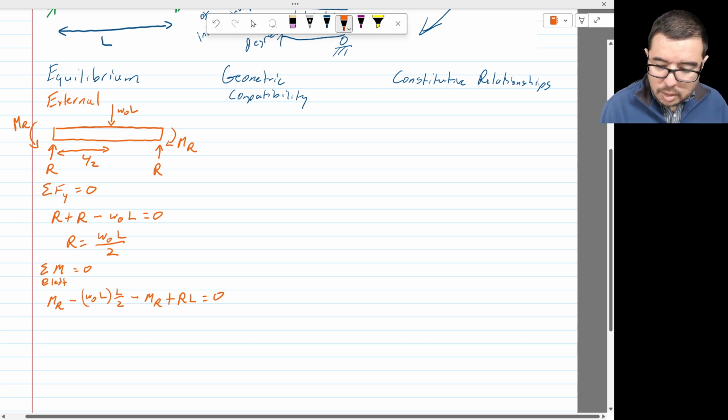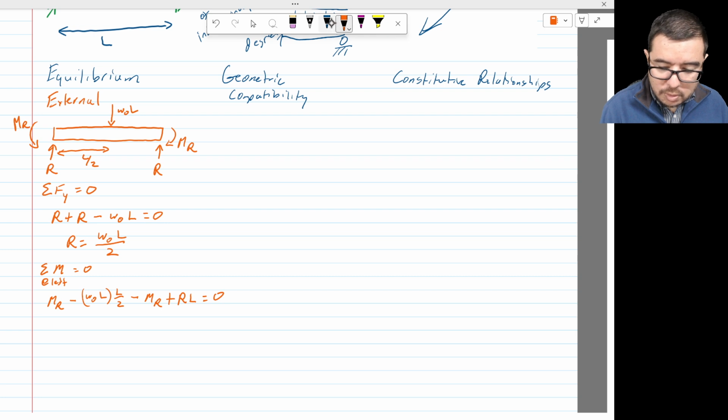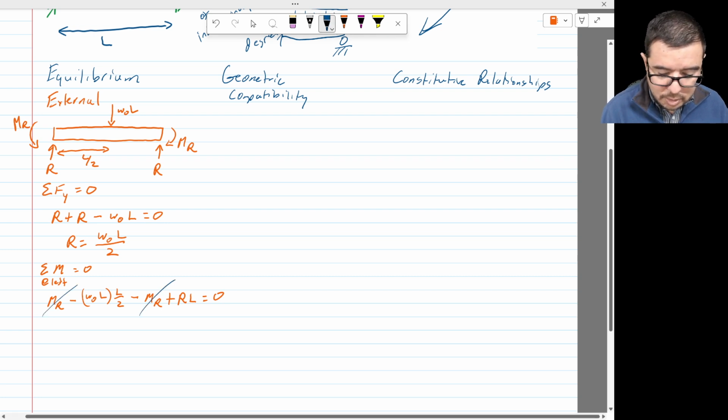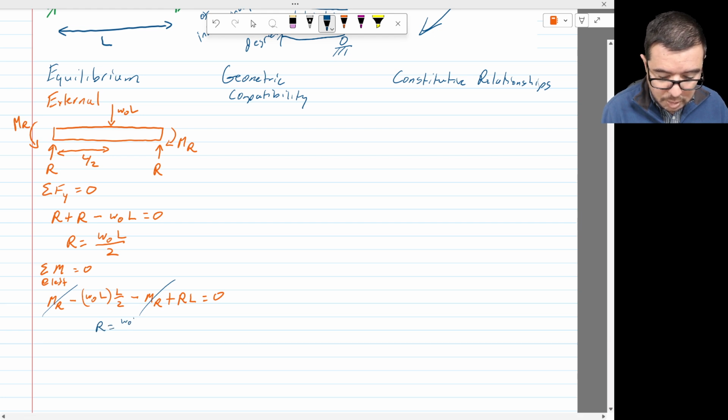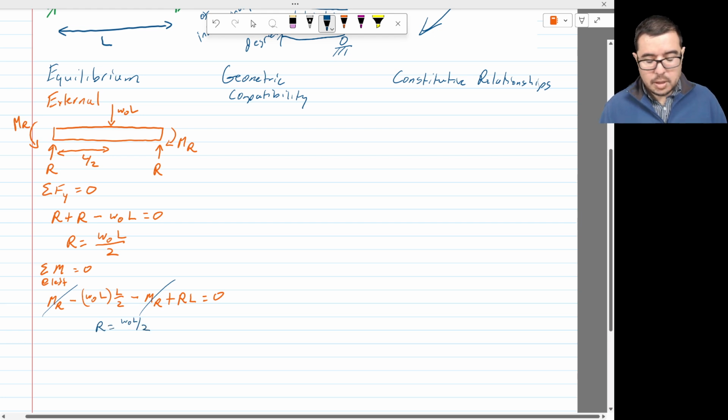And the issue we find now is that the MRs cancel out, okay? And we just get another expression which states that R is equal to W naught L over 2.